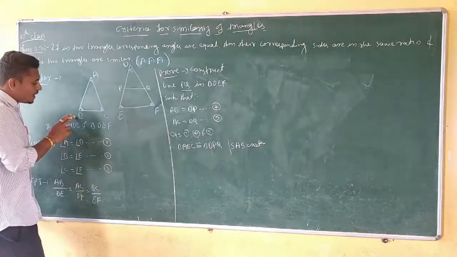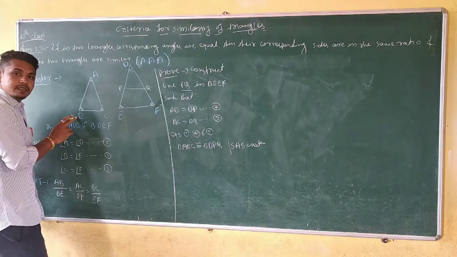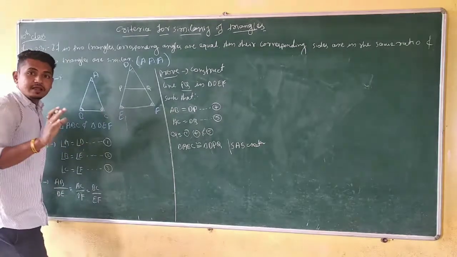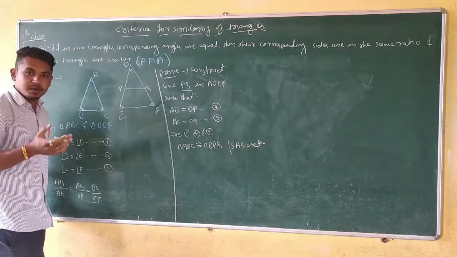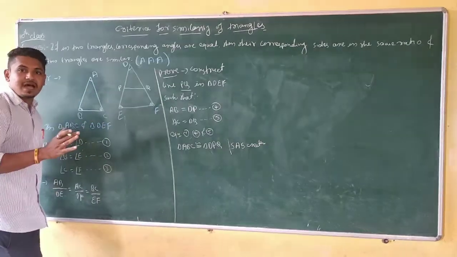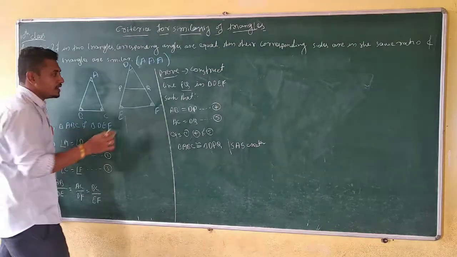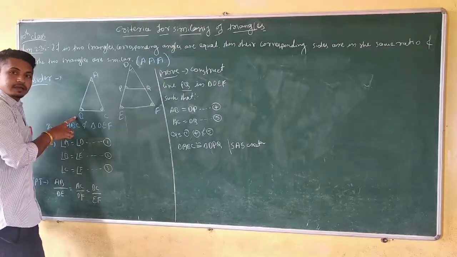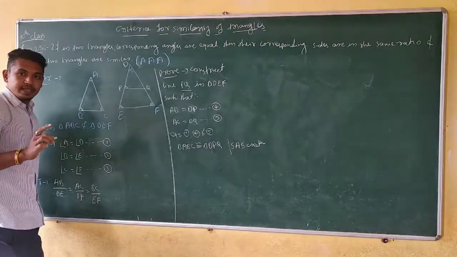So the corresponding angles B and P are equal, because these two triangles are congruent.